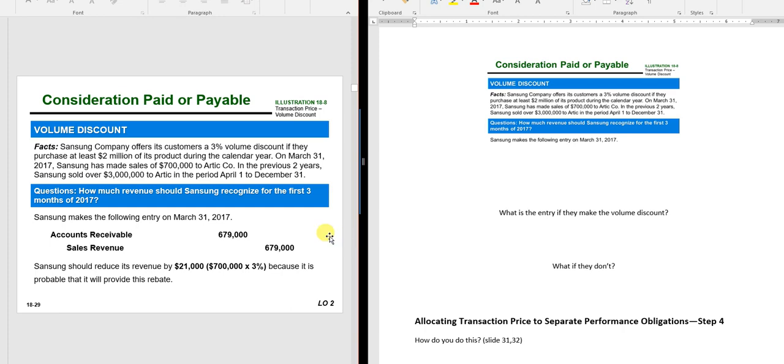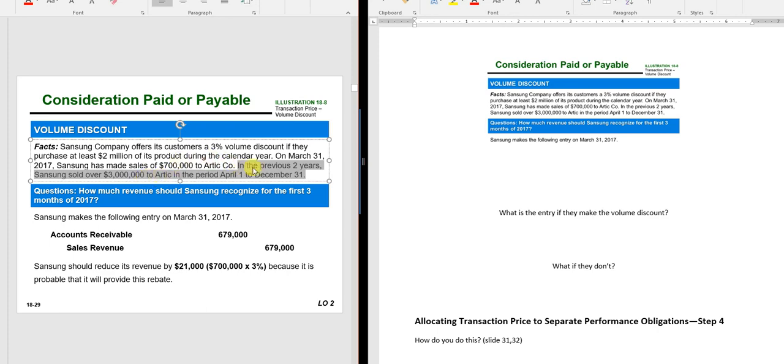If you look at this one, you're going to say, I don't know at this point in time if they're going to sell the 2 million because I've only got 700,000. Here's the kicker to it. In the previous 2 years, they had made the 2 million and thus got the discount. If that statement had not been made, if in the previous 2 years they had not made the 2 million, this entry is 700,000.